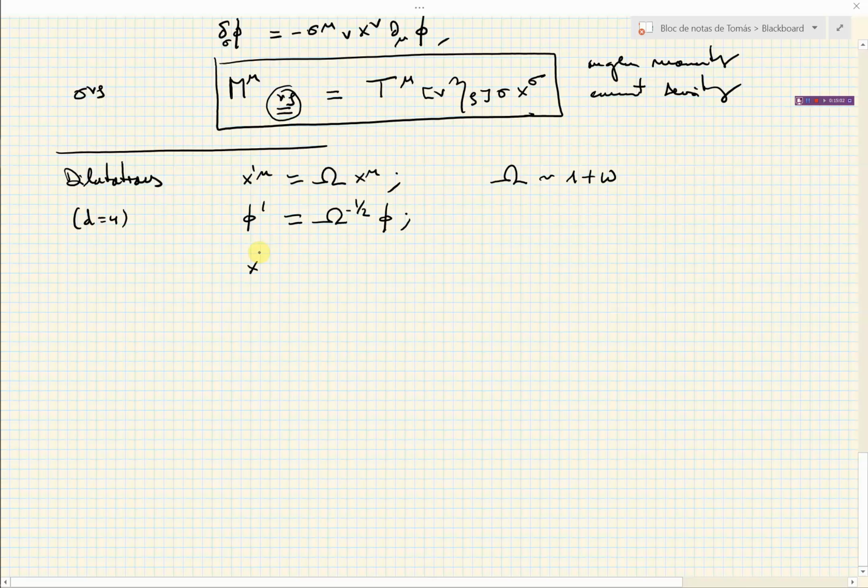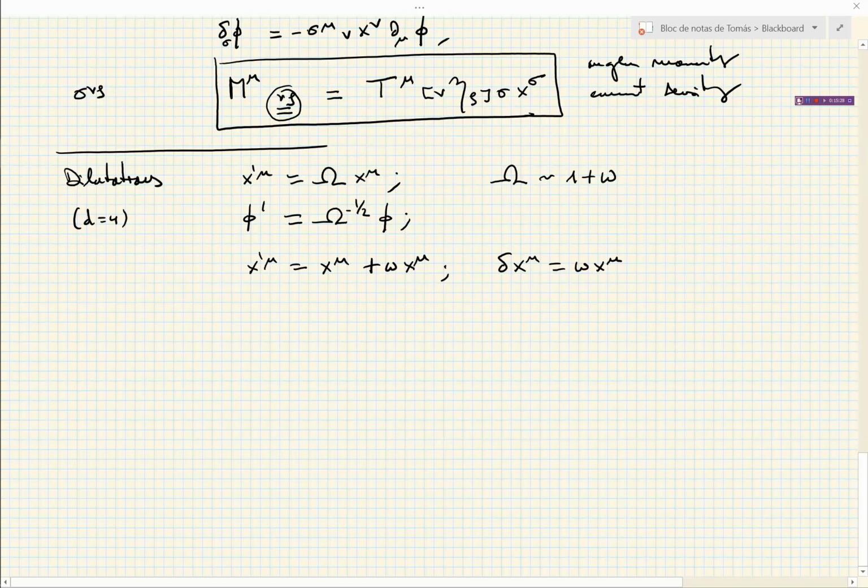Then you have x prime mu equal to x mu plus omega x mu, where small omega is infinitesimal, and then this tells us that delta x mu is just omega x mu.